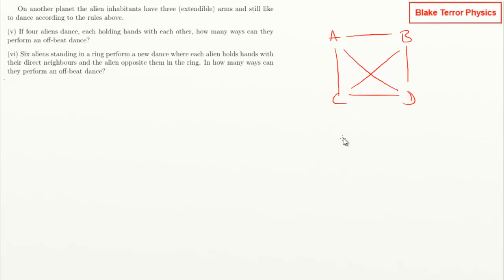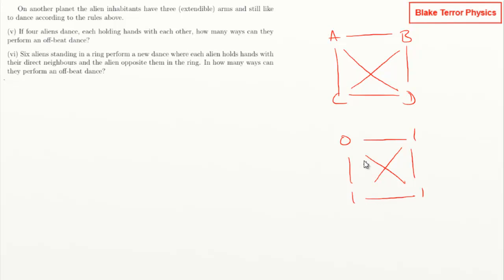So if we had a 0, let's draw the lines in. That's a 0. Then the others have all got to be 1s, so we could have 1, 1, 1. That would make A offbeat, because it adds up to 0.